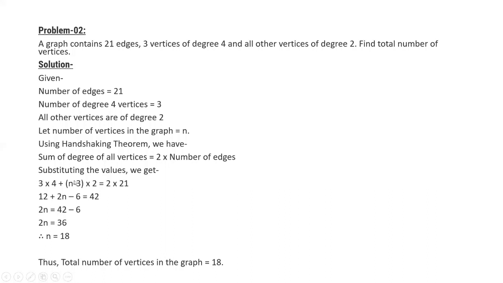The remaining vertices are n minus 3, and all of them have degree 2, so n minus 3 into 2.